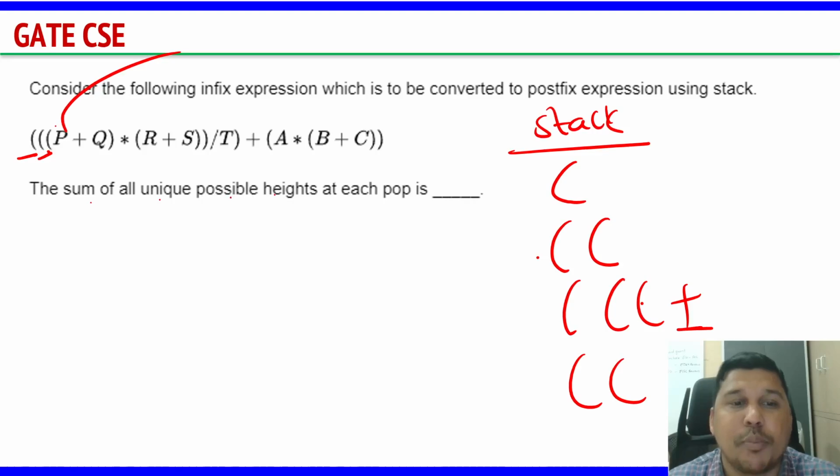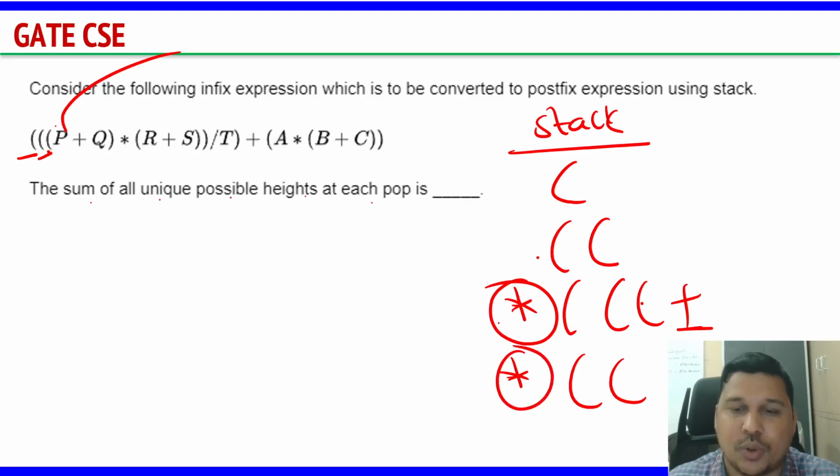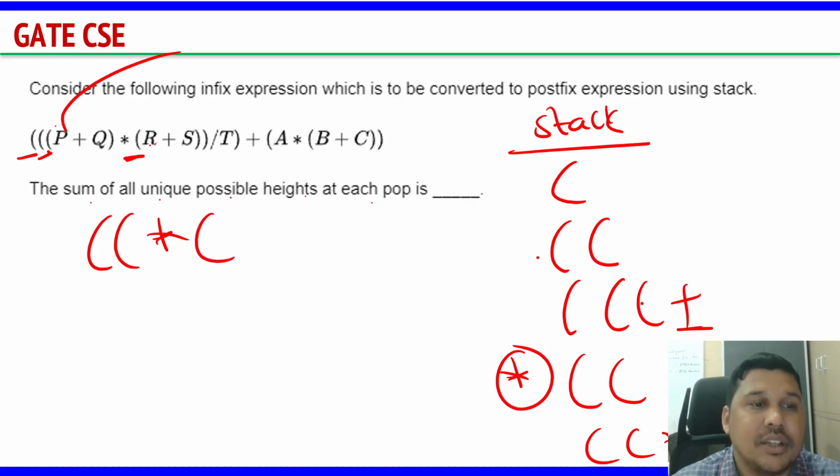Sum of all unique possible heights at each pop. So here we did the pop operation; let us note this down as a pop operation. Next, you got multiplication, you have to add it onto the stack. You got open bracket, then R goes to output, plus, add it.